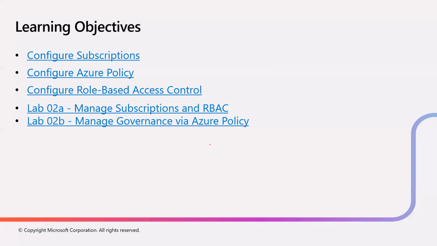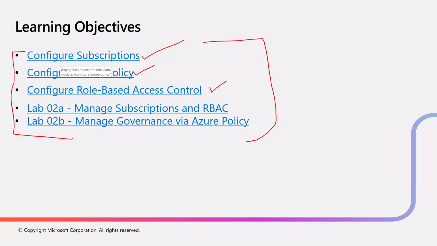When it comes to governance, we are going to talk about what is an Azure subscription, what is Azure Policy, and what is role-based access control. We are going to talk about this today, followed by a small topic on how you can use PowerShell, the CLI, and the portal. So these are the topics today.